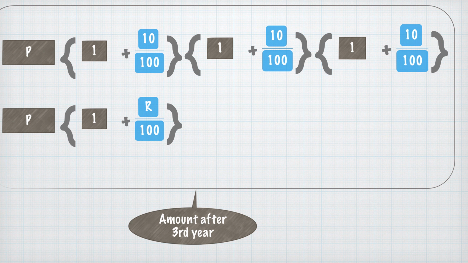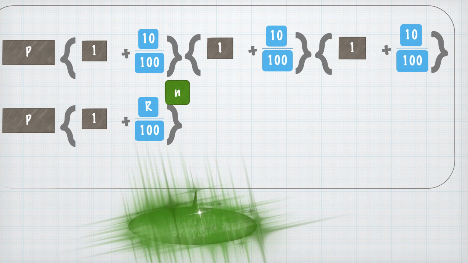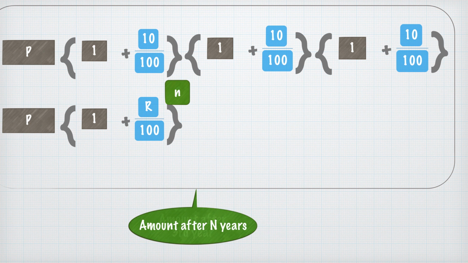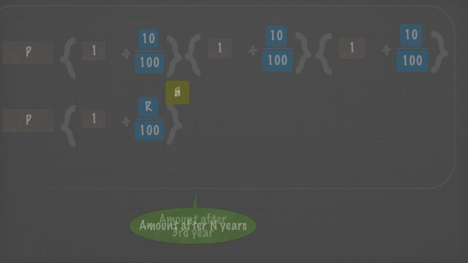And instead of 3, can I call it N? So there I get my compound interest formula. My amount is equal to principal into a whole bracket of 1 plus R by 100 raised to N. So I hope you understand how the formula works and what all of these terms mean, and what is the principal difference between a simple interest and a compound interest.